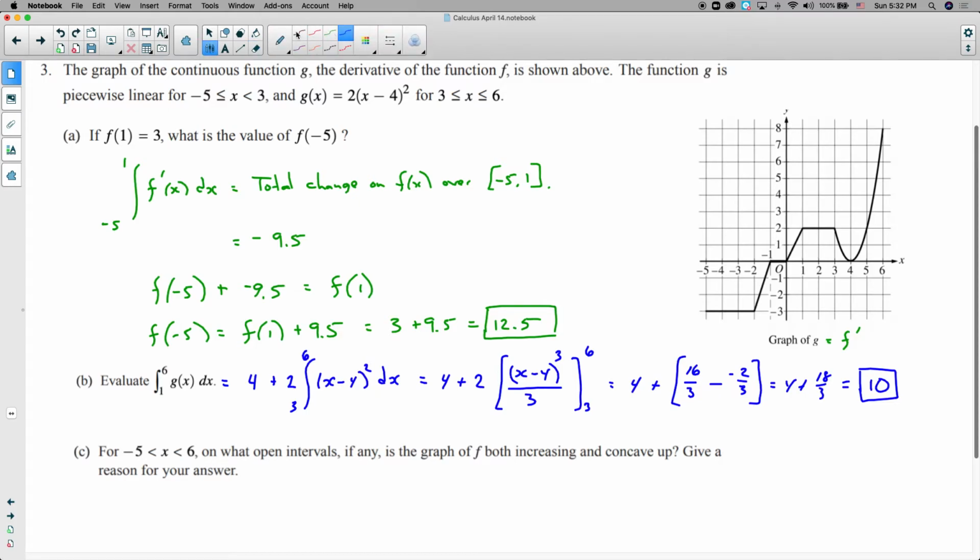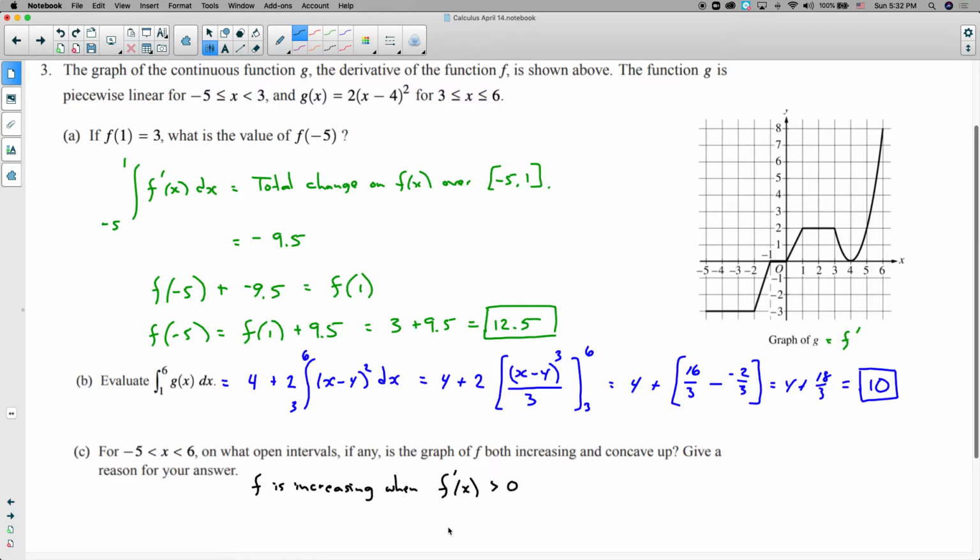All right, so let's see. Let me first talk about increasing. We want to find some places where f is increasing. So I'm going to argue that f is increasing when f prime of x is greater than 0.